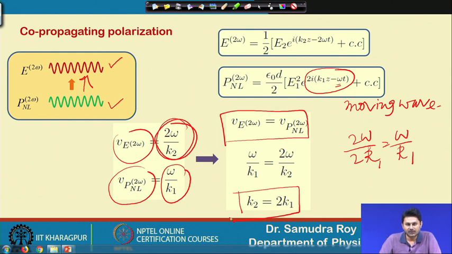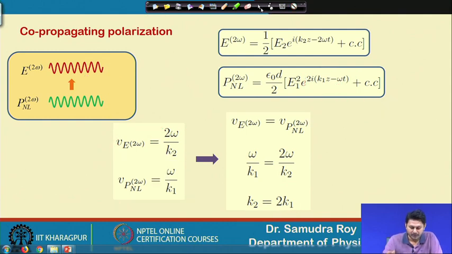When these two are moving at the same velocity, we will have maximum energy transfer from here to here. So, maximum energy can be transferred when the nonlinear polarization of frequency 2 omega is moving with the same phase velocity as E 2.